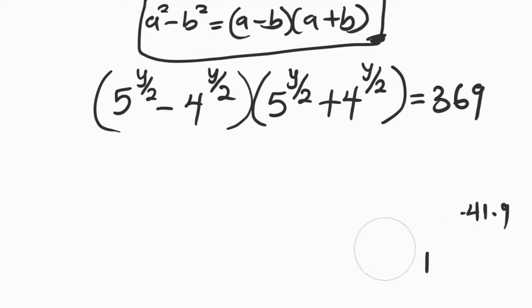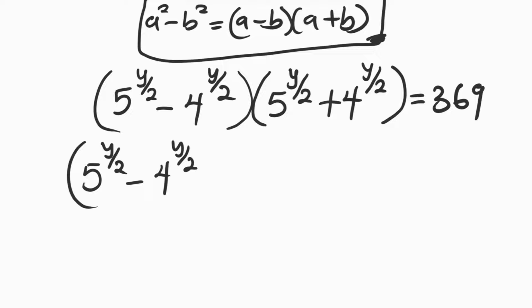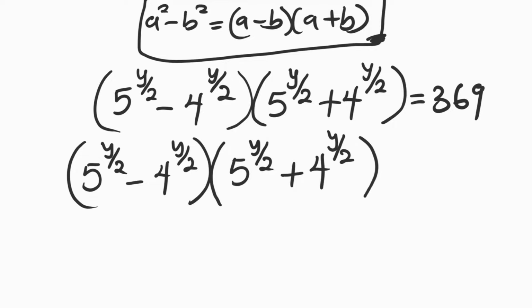So now what we have is 5 raised to the power y over 2 minus 4 raised to the power y over 2, times 5 raised to the power y over 2 plus 4 raised to the power y over 2, equals 41 times 9. Now, the positive one will be equal to the big number, and the negative will be equal to the small number, because the positive obviously is bigger than the negative.